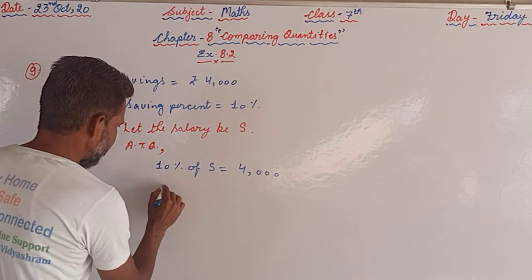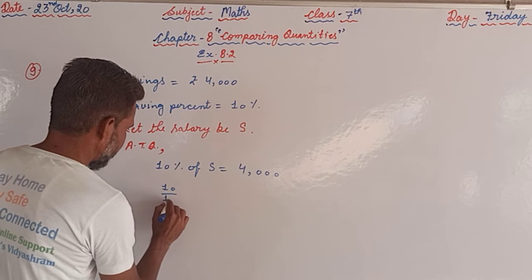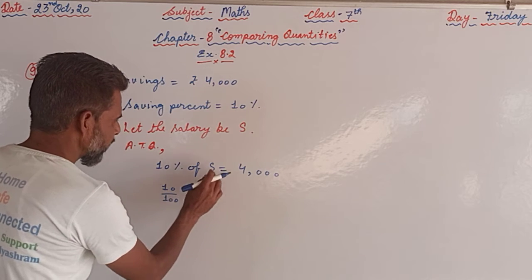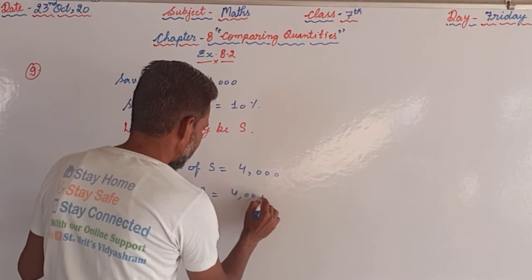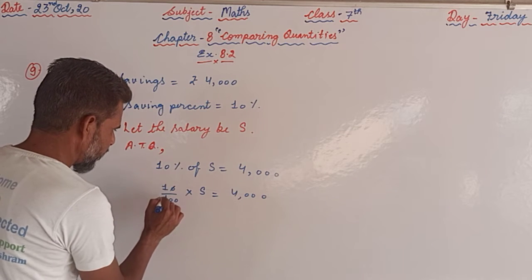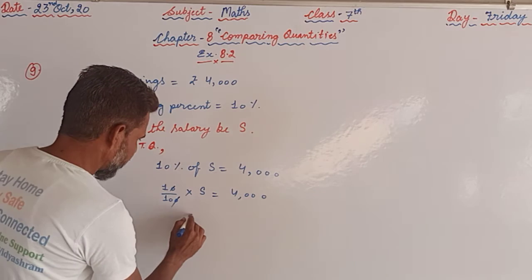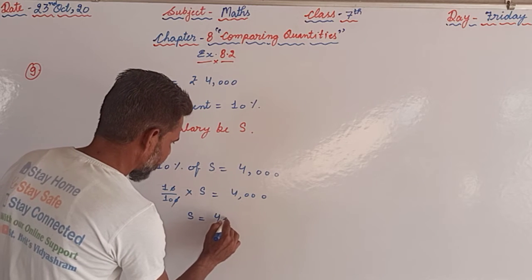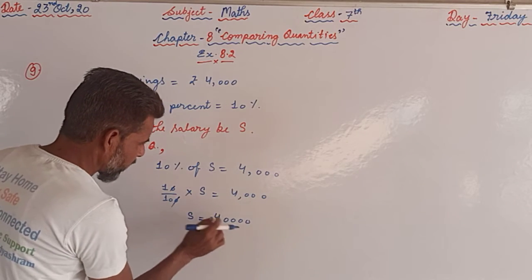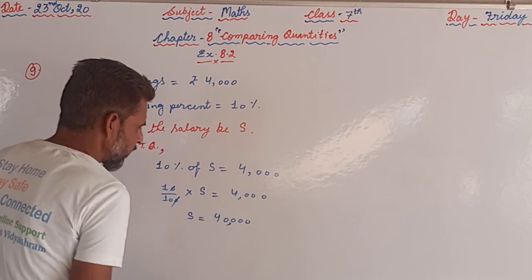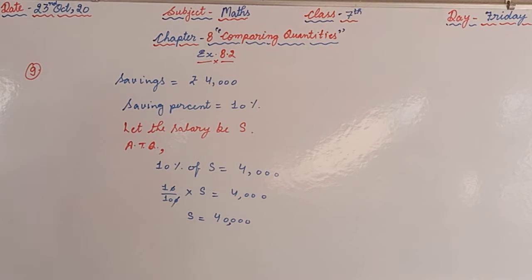4,000. 10% means 10 upon 100, of means multiply, saving means we have taken S, that is 4,000. So 10 will cancel out 10, and from here S will be 3 zeros from here and 1 zero from here, that becomes 40,000. As the question is a word problem, we are supposed to give the answer in the form of language.